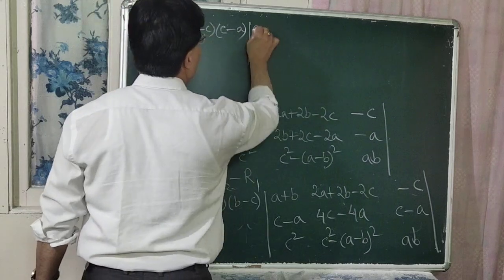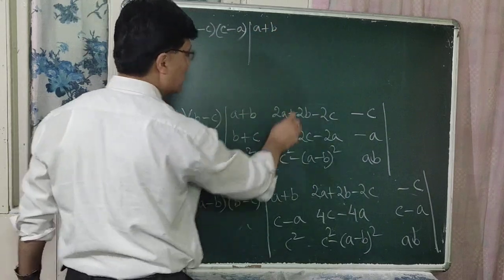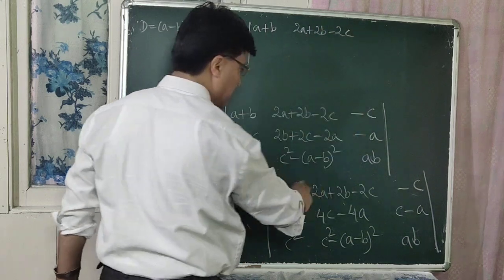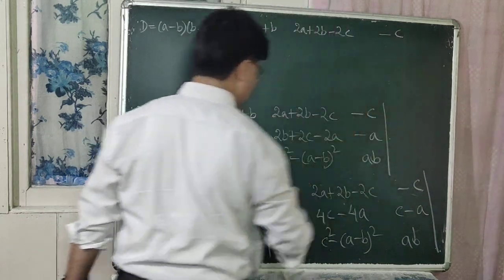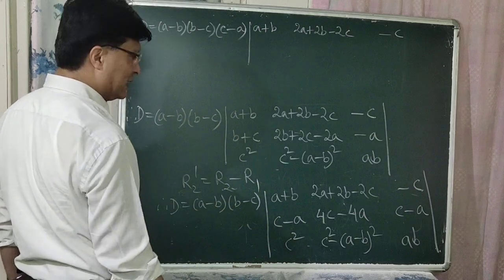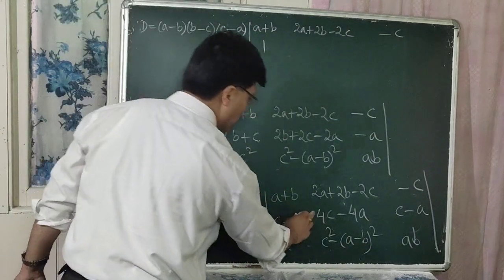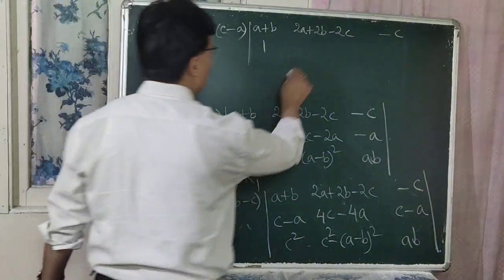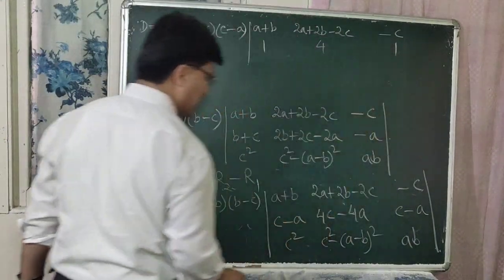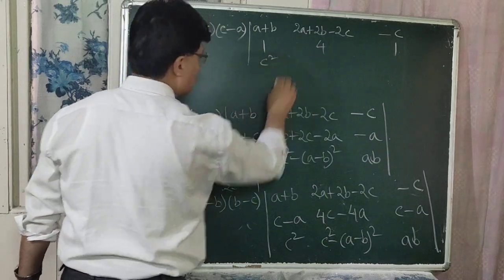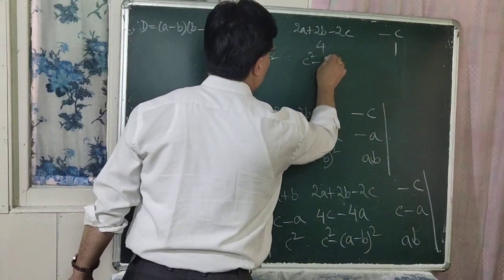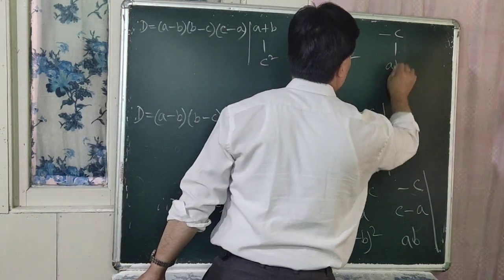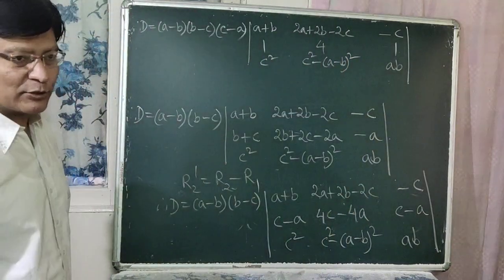So what is the first row? Remains same. A plus b, 2a plus 2b minus 2c. Then comes minus c. What is the new second row? It is 1. Here 4 is common, c minus a. c minus a is already taken common outside, so it is 4. Then you should write here 1. So it is c square, then c square minus a minus b whole square. Then you can write ab. Is that clear to all of you?